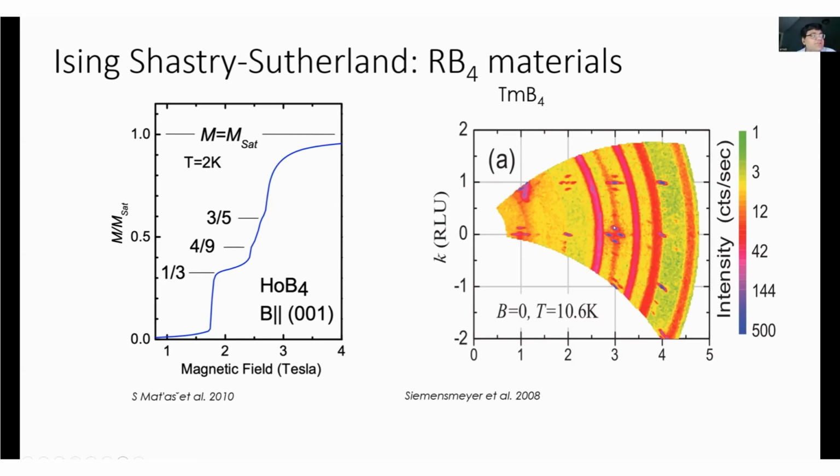What I want you to look at is these 4 tiny peaks that you see here, or these 5 tiny peaks. So you will see magnetization plateaus, and you will see new Bragg peaks come up in a very symmetric fashion. That means there is some weird ordering phenomenon happening at those magnetization plateaus.